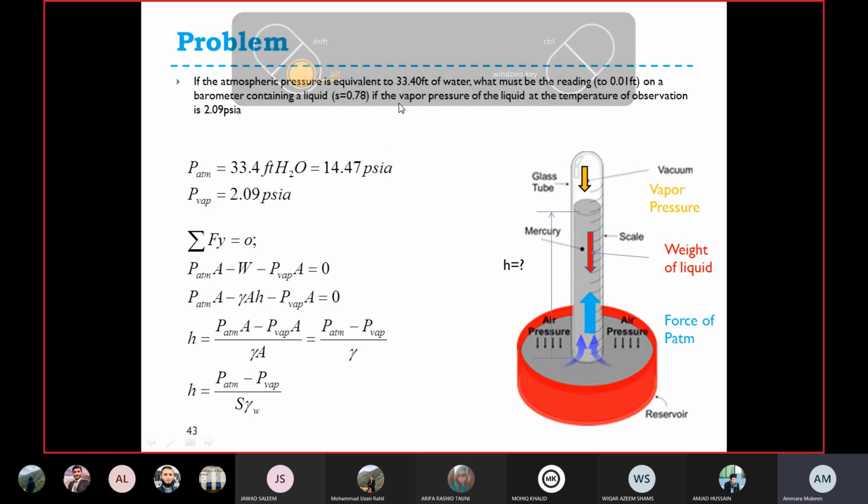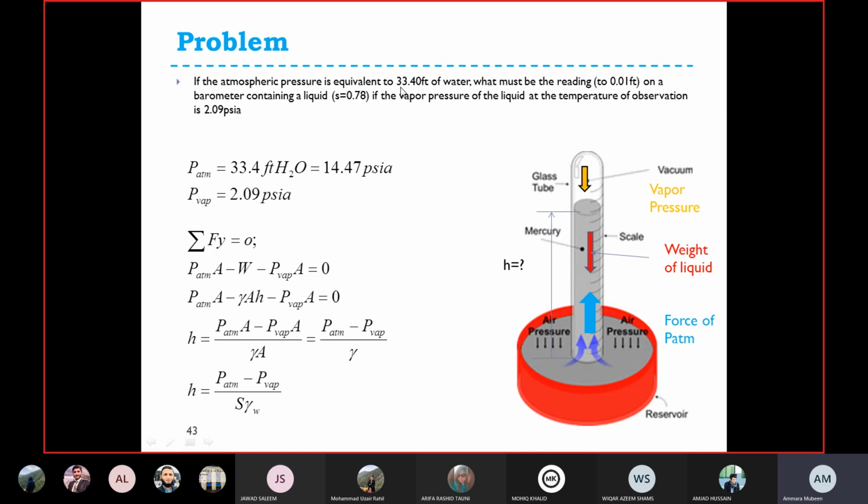Now if you need to find out the reading of this barometer, they have provided you with the atmospheric pressure, which is 33.4 feet. Okay, this is the atmospheric pressure. So first, this atmospheric pressure is in terms of pressure head of water.